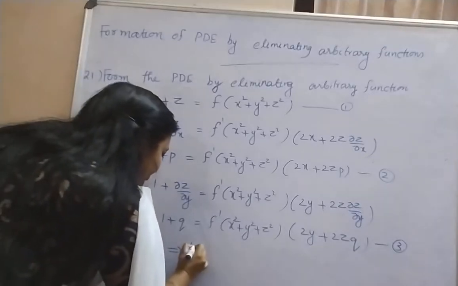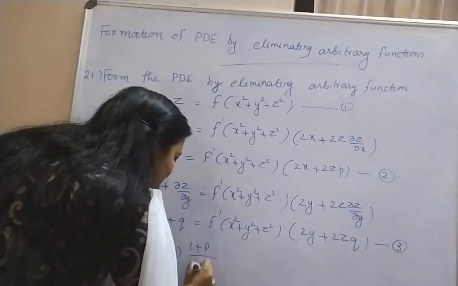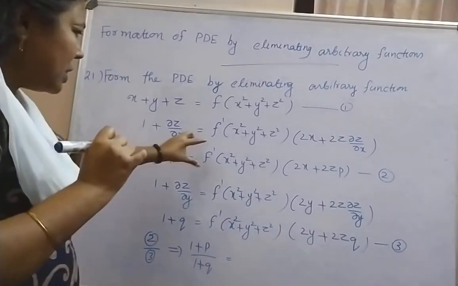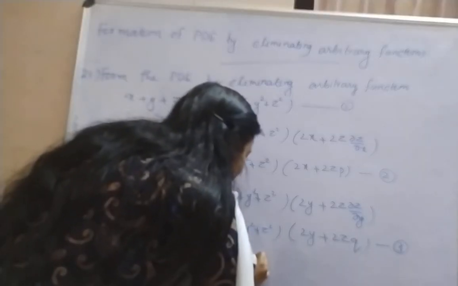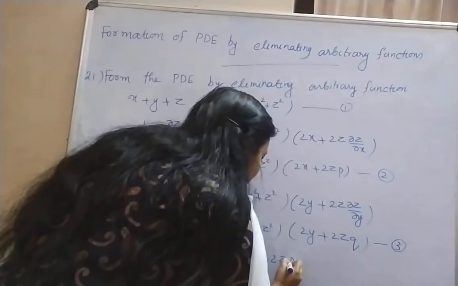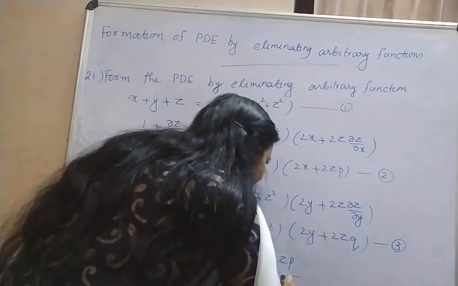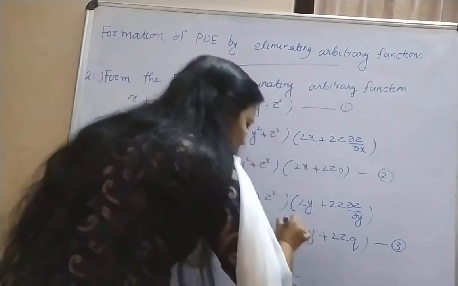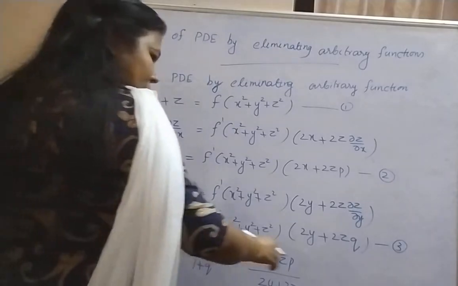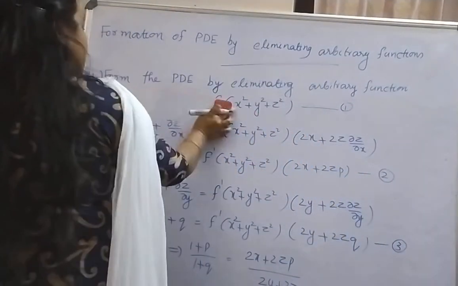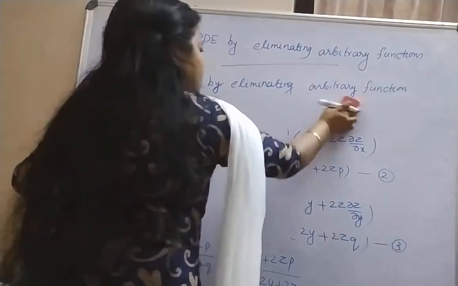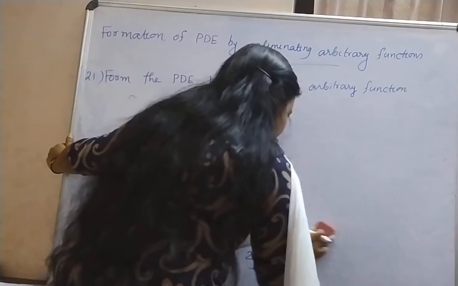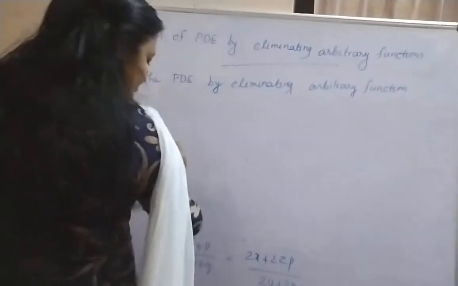2 by 3 becomes 1 plus p by 1 plus q equal to, this f dash will become cancelled, then 2x plus 2zp by 2y plus 2zq. Then by cross multiplication we will get the answer. This 2 will be cancelled.